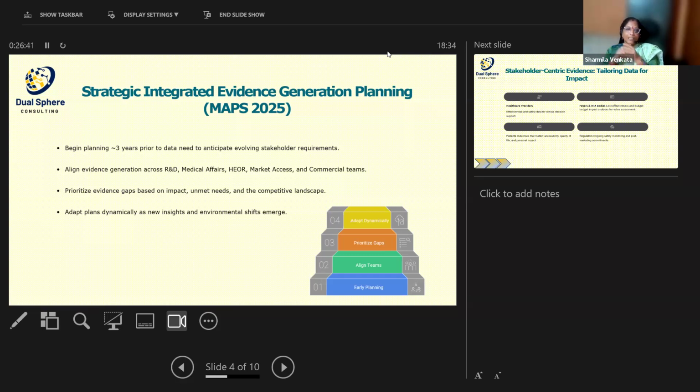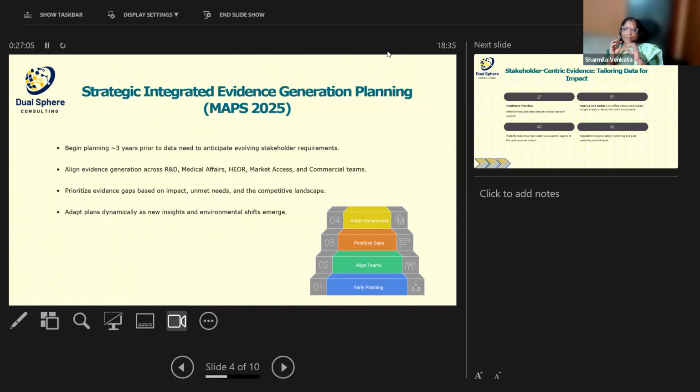Okay. And next is adapting dynamically. Healthcare is fast moving. New competitors emerge, new guidelines are released, and payer policies change. So planning is important, but flexibility is just as crucial.